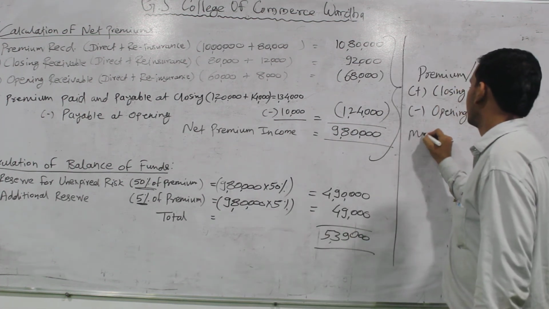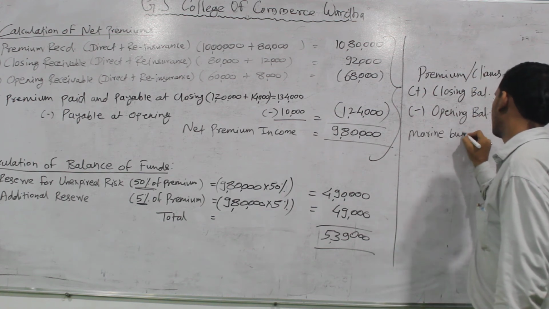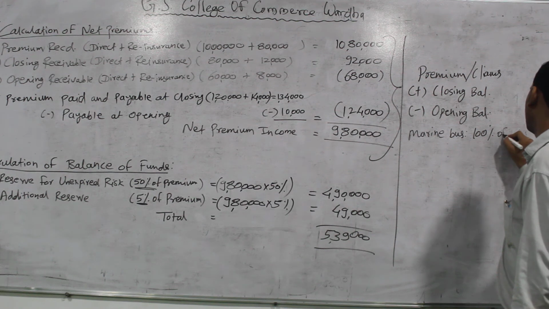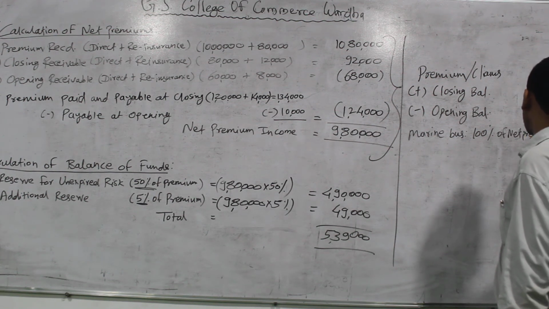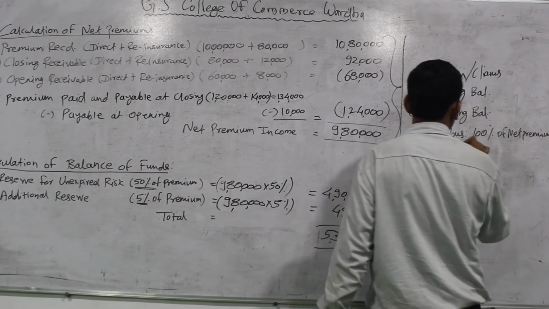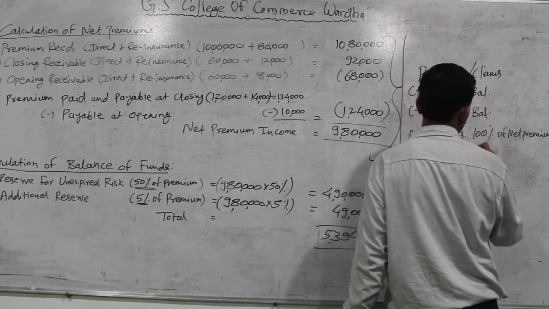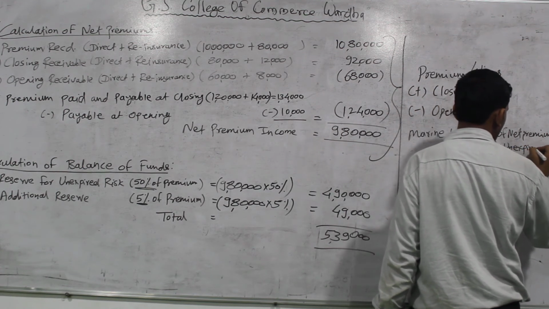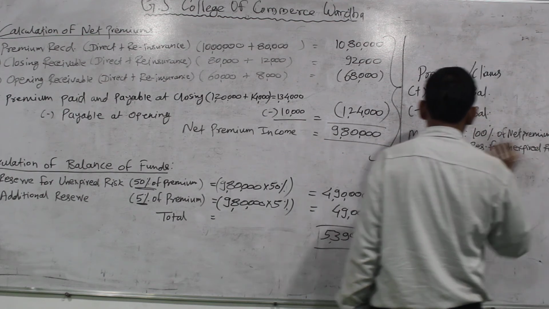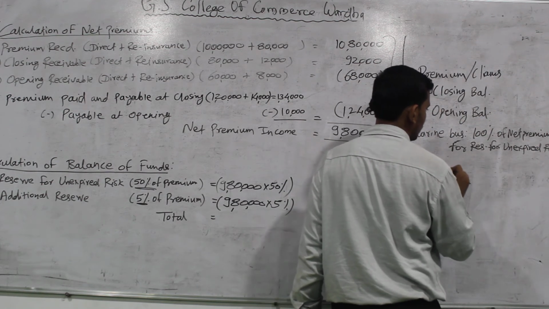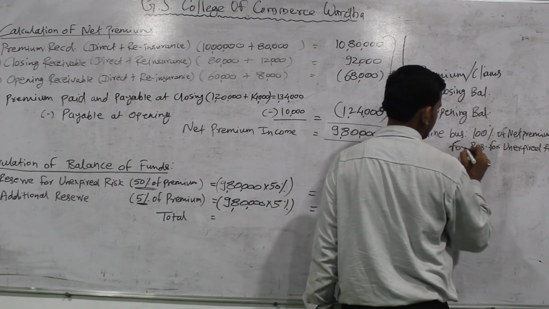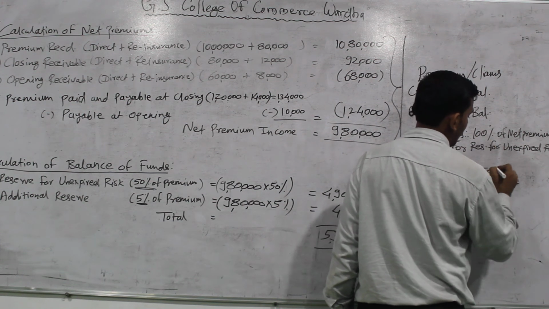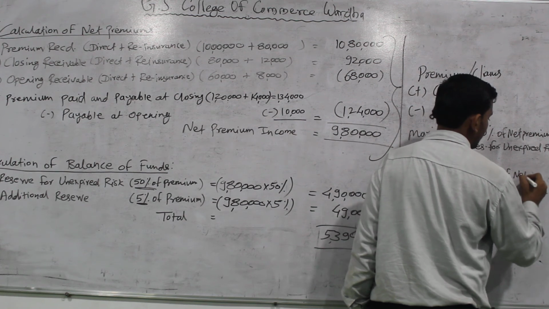Remember one thing: for marine business in insurance, 100% of net premium is taken as reserve for unexpired risk, whereas for other business it would be 50% of net premium.